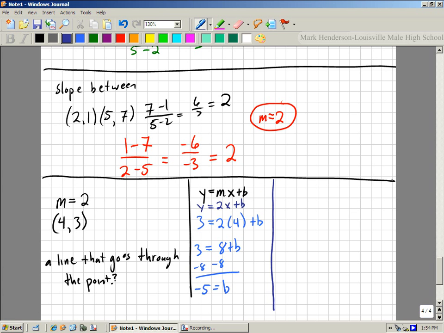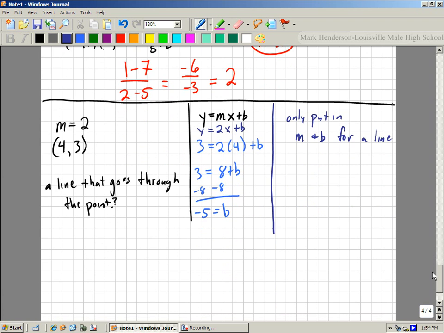So here's what we're going to do. To get the equation of our line, we will only put in m and b for a line. Okay? To get the equation for a line, we only put in m and b. That is super, super, super important.